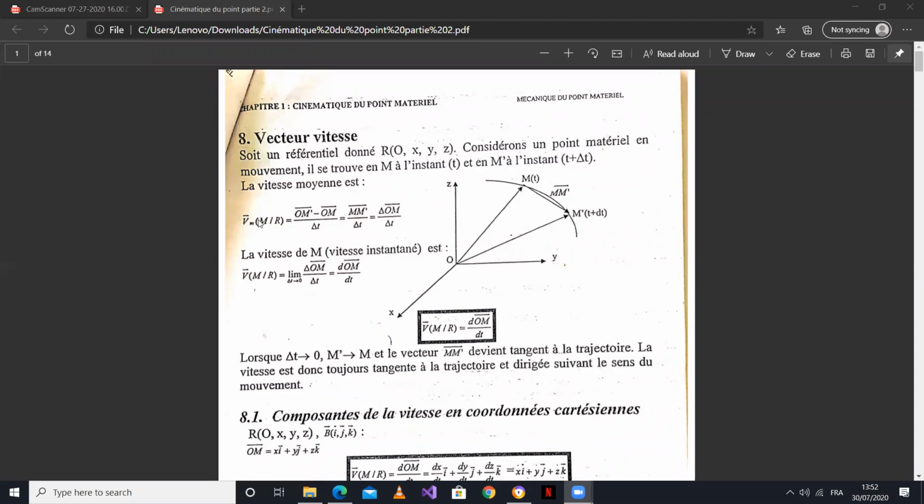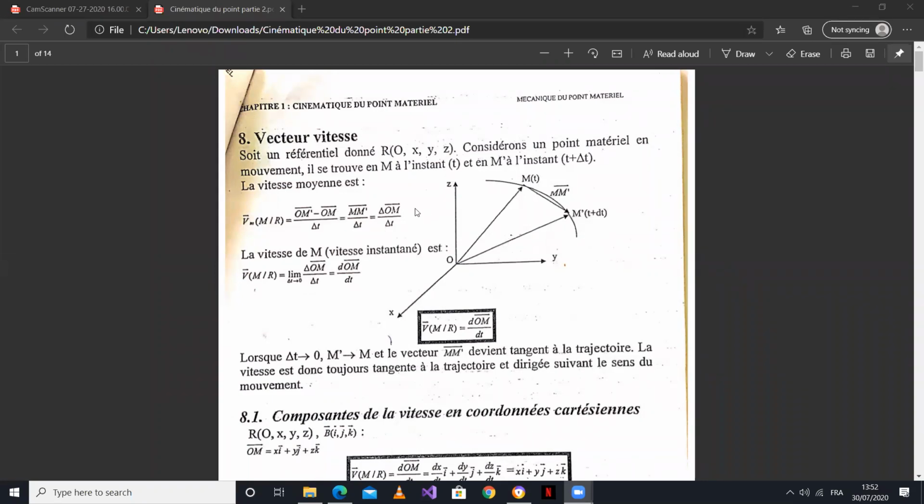So we know V here, la vitesse, it's a vector, so you should always put an arrow on top of it. Always. Vector vitesse of M par rapport à R is going to be equal to OM prime minus OM, to get the distance between the 2 points, divided by the time, as I told you, delta T. Just the same formula you are using, distance over time.